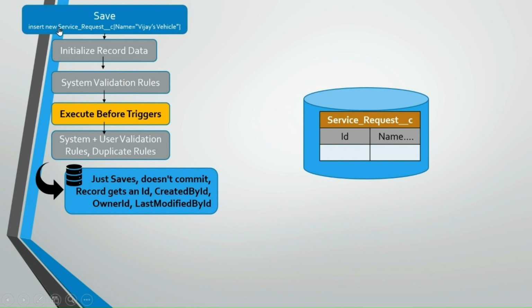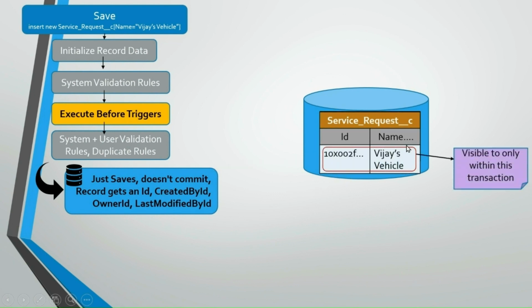For example, in our case, we are going to insert a custom object's record with a name Vijay's vehicle. During this save, it will get system generated IDs: created by ID, owner ID, last modified by ID, and it saves those data into the DB. Please note that this is not yet committed.